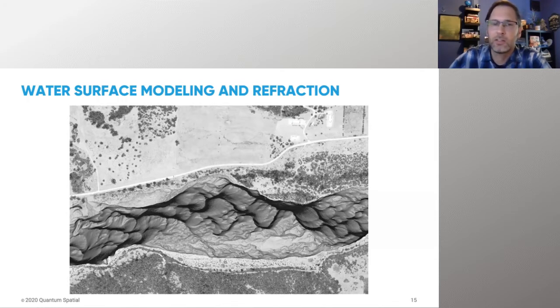I mean, just imagine trying to put break lines here or figure out where all the water actually is and then refracting it. So you have to think about how accurate you can actually get and refract it all. Is it worth refracting 5 centimeters of depth? There are things to consider here.